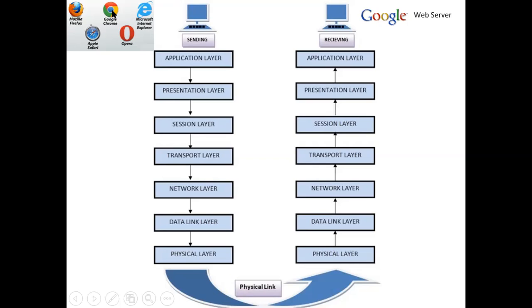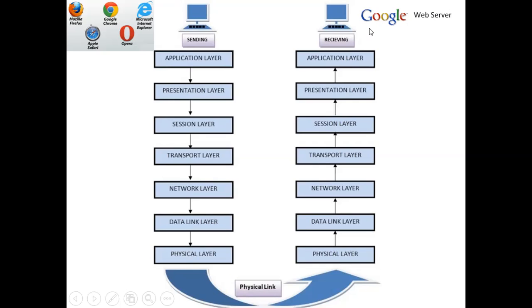The moment you enter it, the data is coming from the application layer to presentation to session to transport to network to data link to physical. On the physical layer, it may be a wired or wireless link. It is communicating with the physical layer of the other side, and from there data link, network, transport, session, presentation, application, and then it communicates with this Google web server.